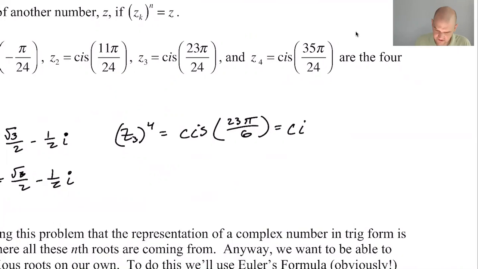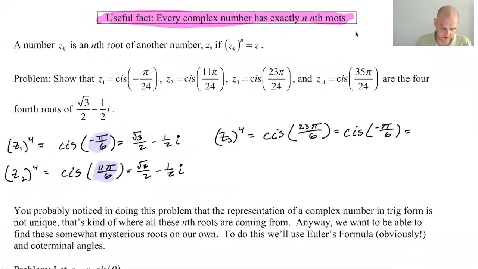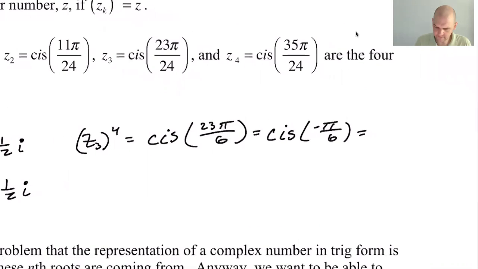So cis negative pi over 6, which we already did. That was z1. So this will give me radical 3 over 2 minus 1/2 i.